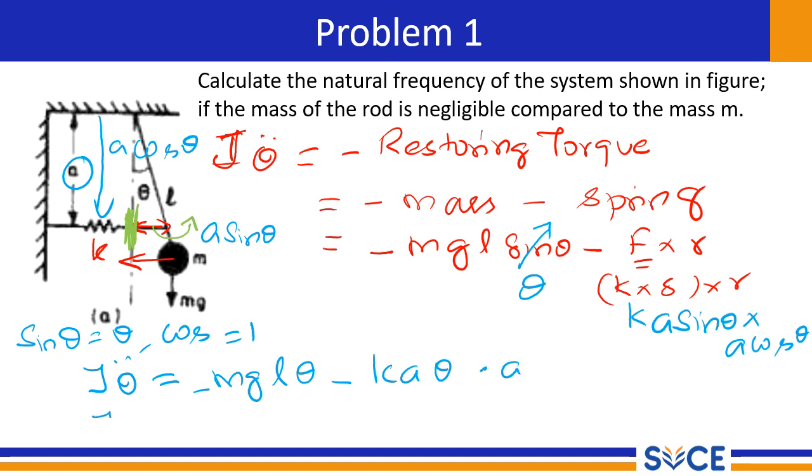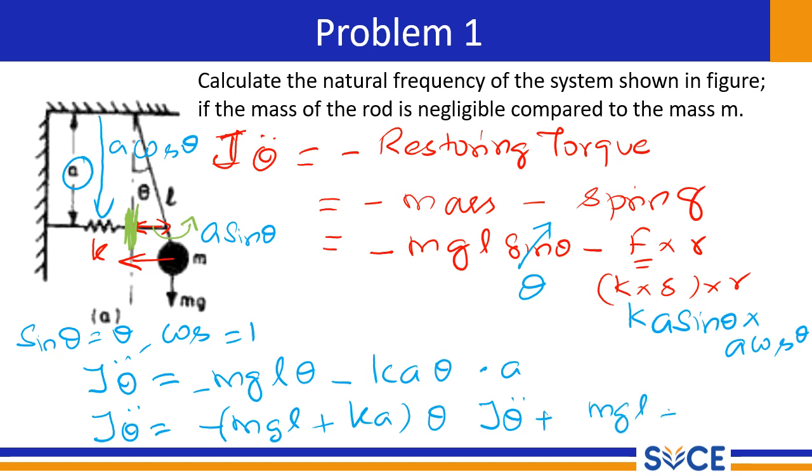Rewriting once again, J theta double dot equal to minus of mgl plus k a squared, times theta. Putting everything on one side, it will be J theta double dot plus mgl plus k a squared into theta equal to 0.